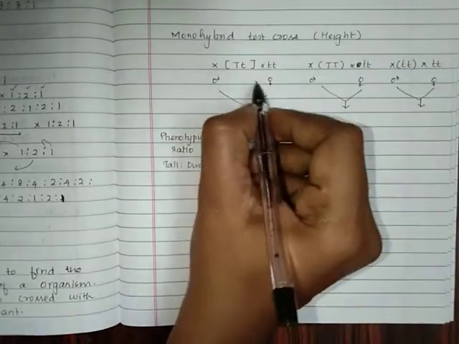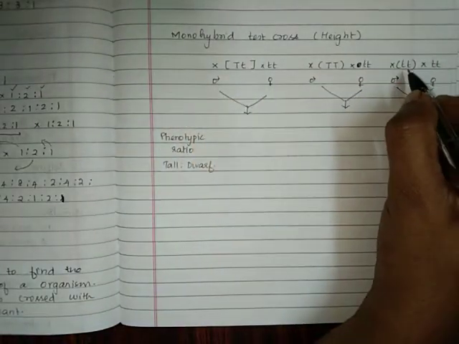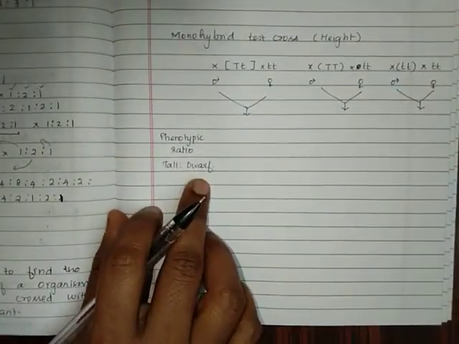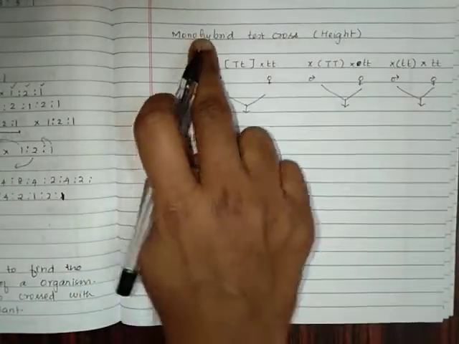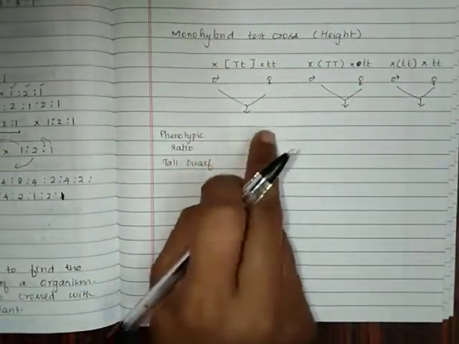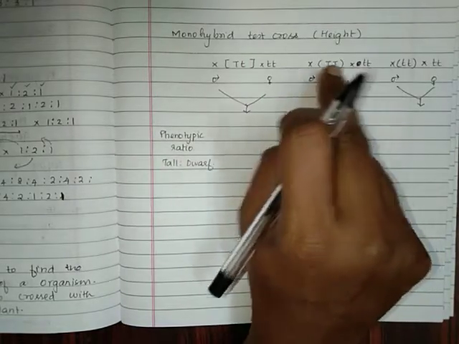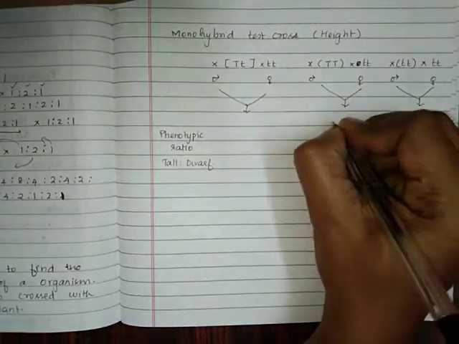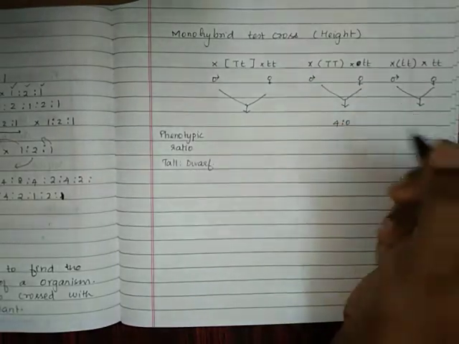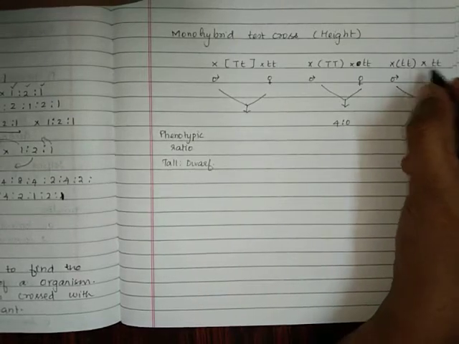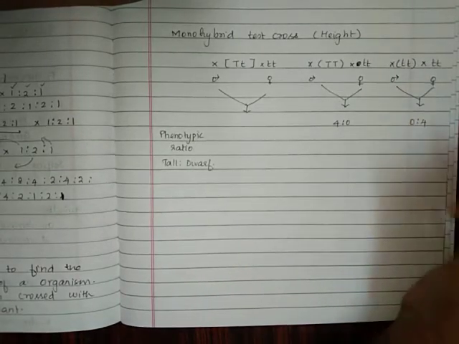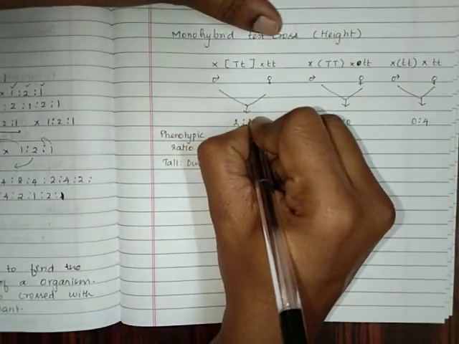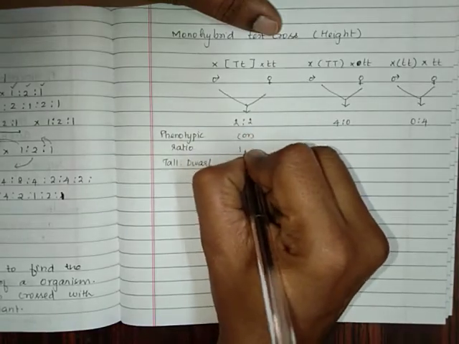When it is homozygous dominant, heterozygous dominant or homozygous recessive, we need to know what ratios we get. You can say it with eyes closed: in a monohybrid test cross for a single character, if the unknown is homozygous dominant, the ratio is going to be 4:0, if it is homozygous recessive, the ratio is going to be 0:4, and if it is heterozygous, it is going to be 2:2, or we can write it also as 1:1.